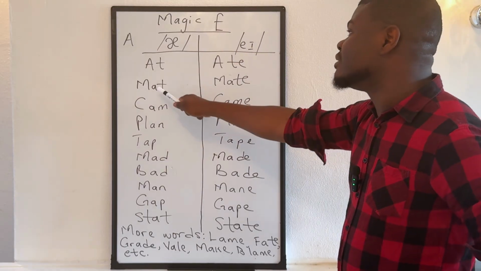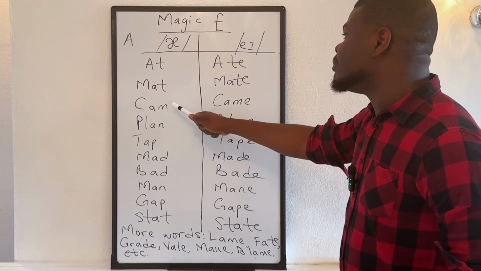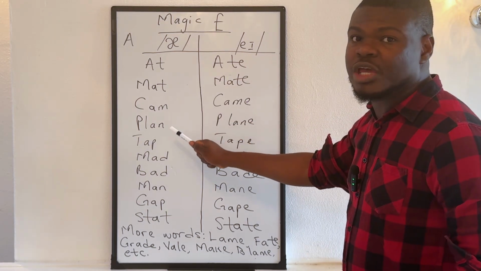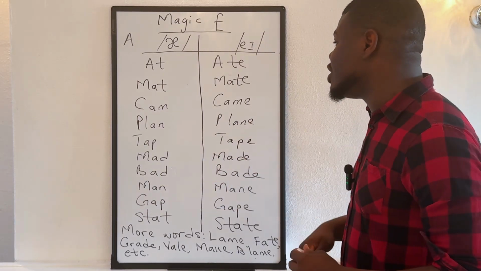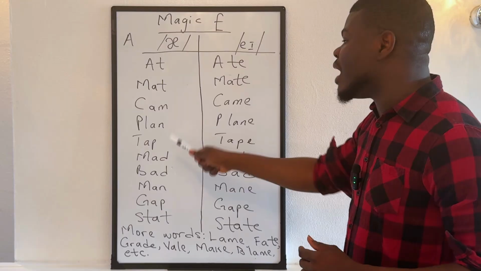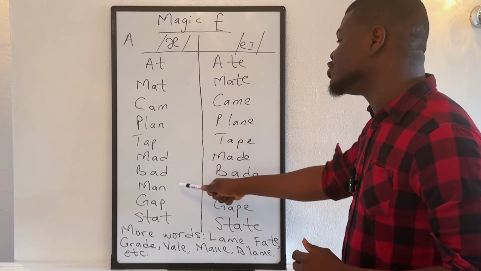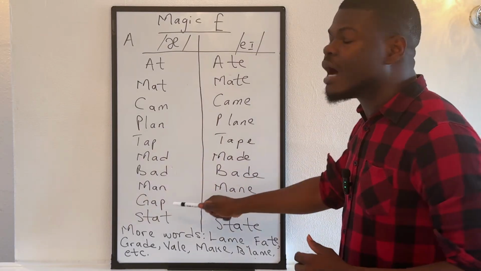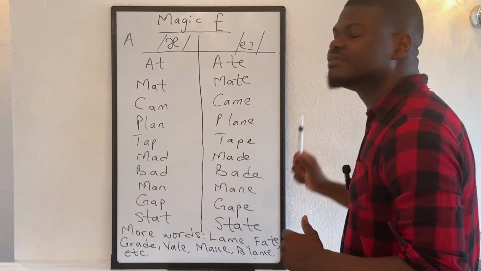We've got mat, with the magic E, we've got mate. We've got cam, when we add the magic E, we've got came. We've got plan, plain. We've got tap, tape. We've got mad, made. Bad changes to bade. Man changes to main. Gap to gape. Start to state.